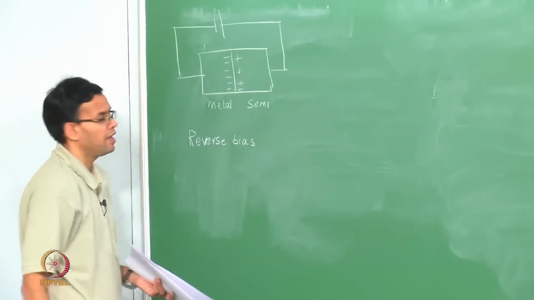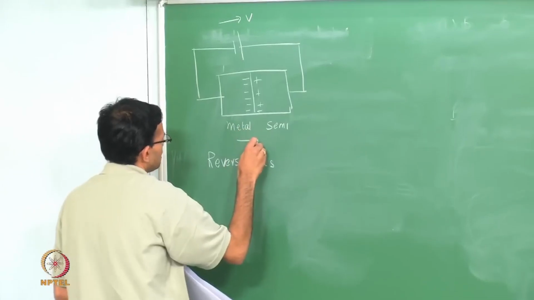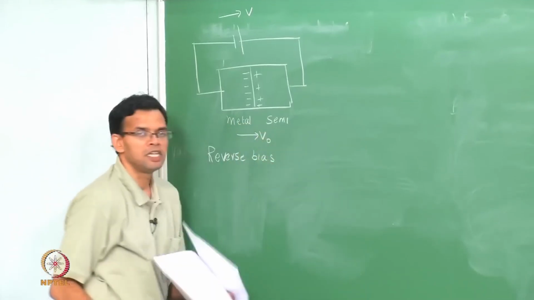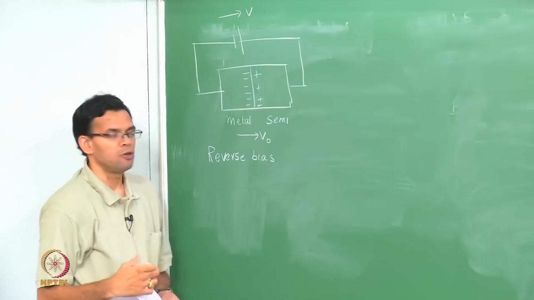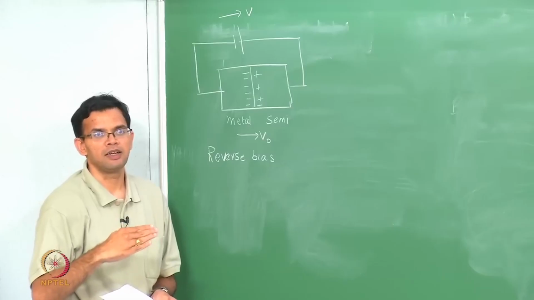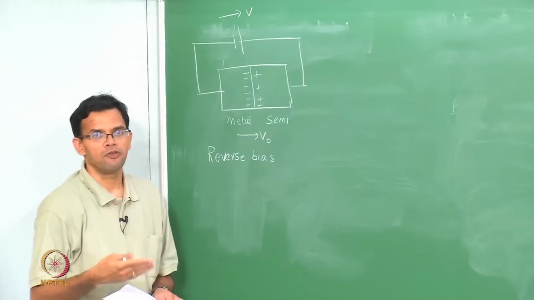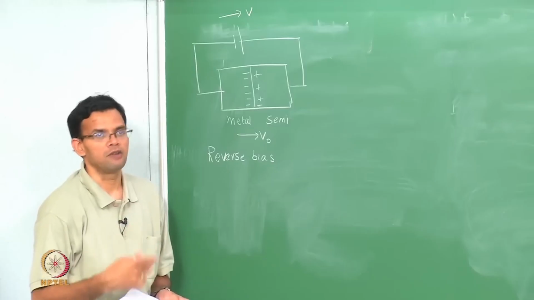In this particular case, the external potential V is in the same direction as the contact potential, which means the overall barrier goes up. So, in forward bias we showed that the Fermi level of the semiconductor will go up. In the case of a reverse bias, the Fermi level of the semiconductor will go down.